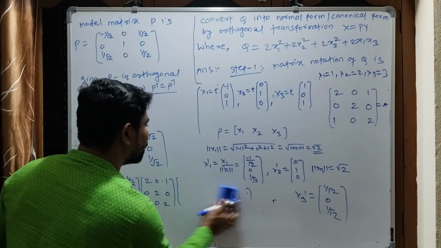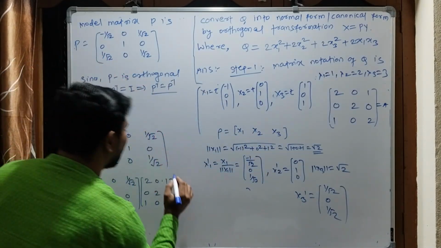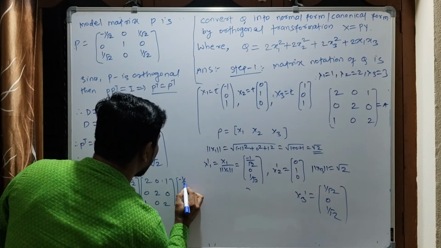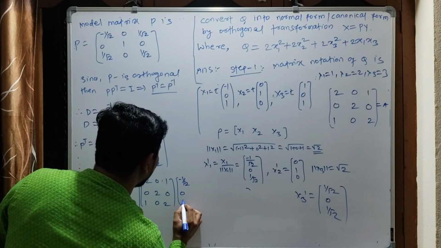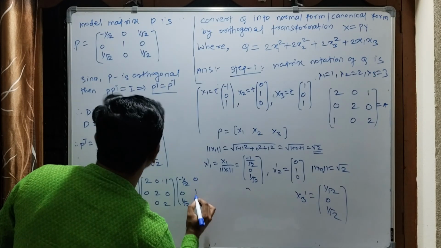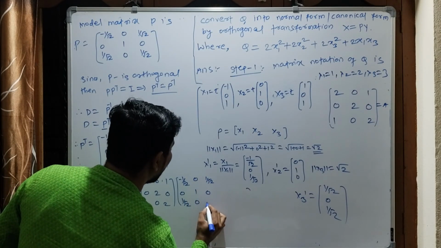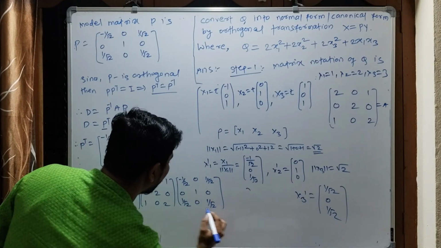This is equal to: write the P matrix as it is here, minus 1 by root 2, 0, 1 by root 2; 0, 1, 0; 1 by root 2, 0, 1 by root 2.